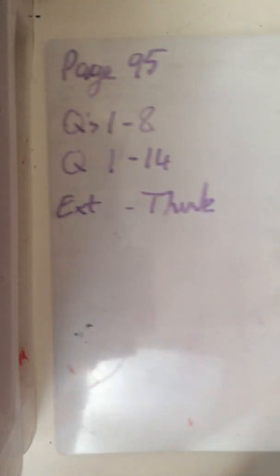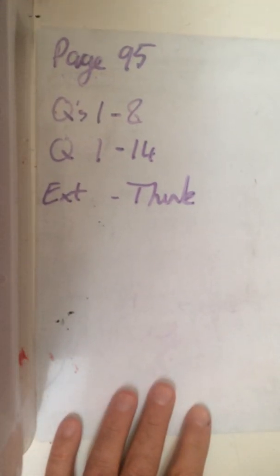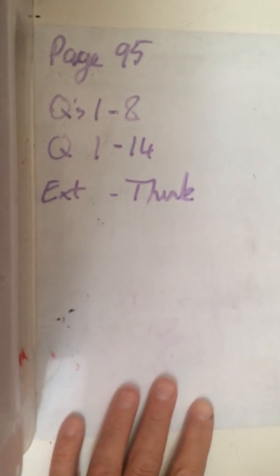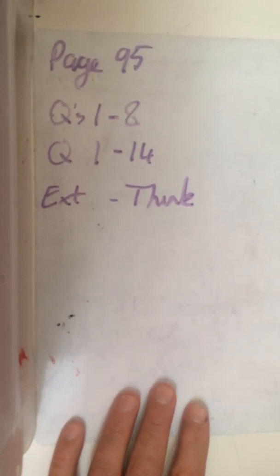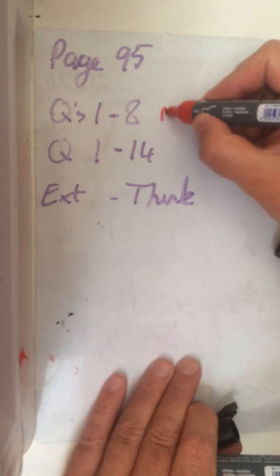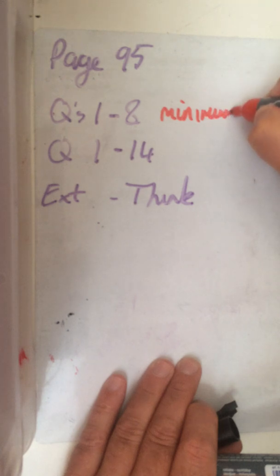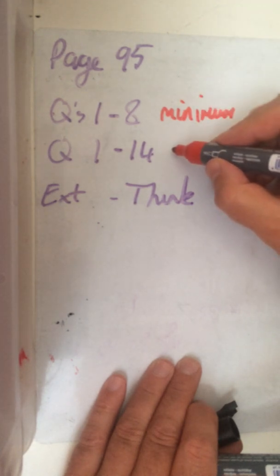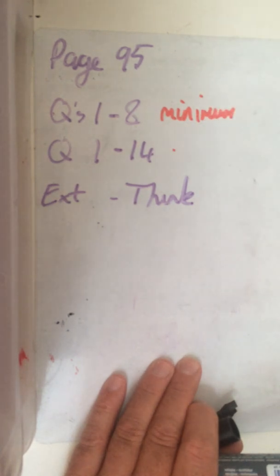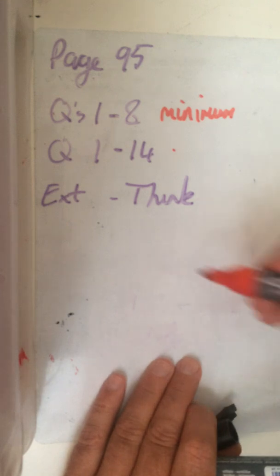Could we please, on page 95 in your textbook, do question 8. This is your absolute minimum that I would accept. Most of us will be able to do these. It's not too hard. Remember, you have to write out all 10 numbers in the sequence.